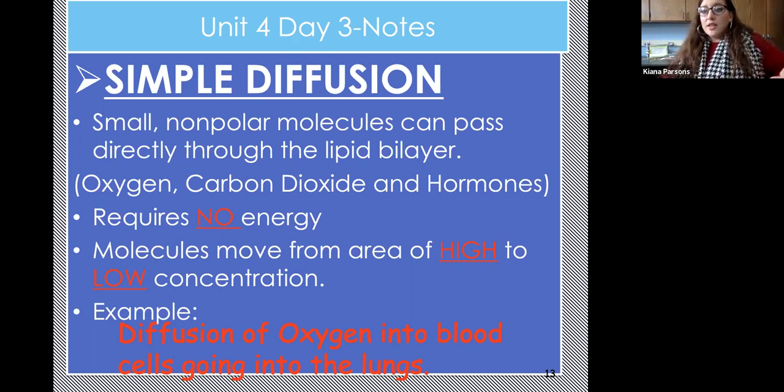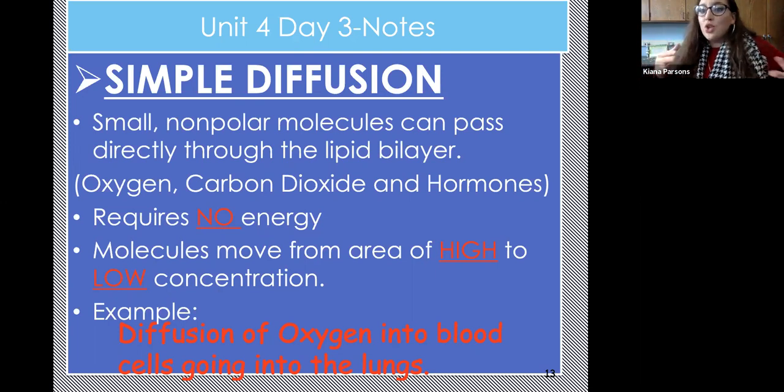I just inhaled oxygen, and in that quick second, the oxygen was able to diffuse through the cell membrane of my alveoli in my lungs. The oxygen was able to get into my bloodstream when I inhaled, and in that same moment, carbon dioxide was able to diffuse out of my bloodstream into my alveoli to be exchanged for that oxygen, so I can exhale that carbon dioxide.